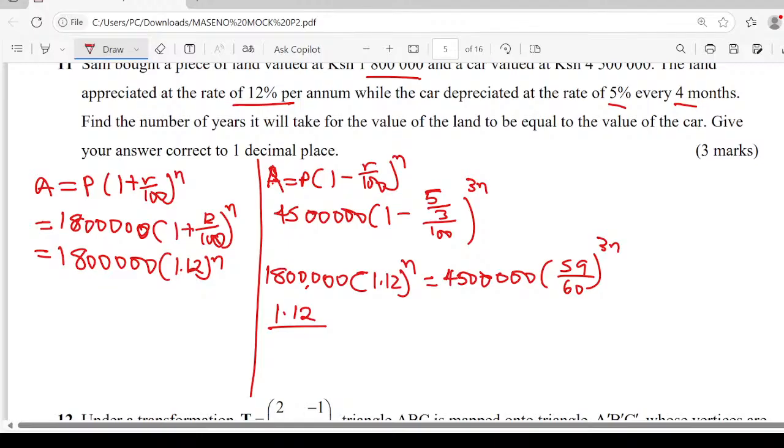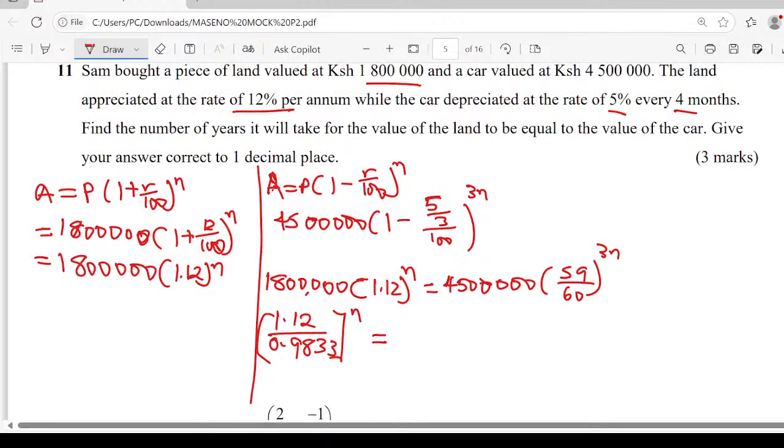Oh, sorry, 59 over 60 is like saying 0 point, all of this under power n. This should be equivalent to 4,500,000, sorry. My pen is letting me down.